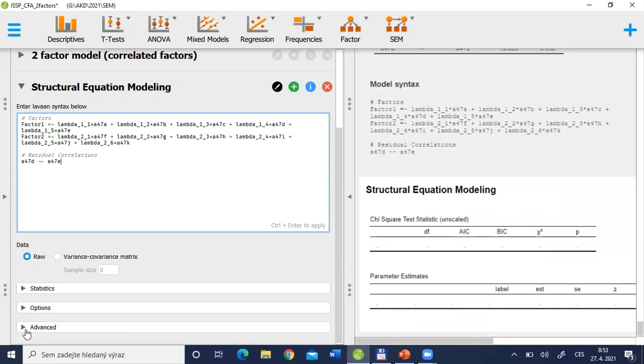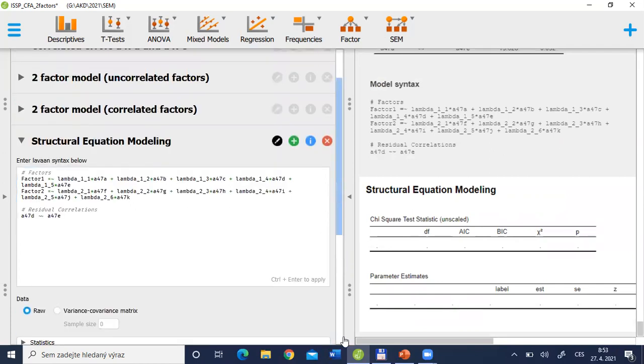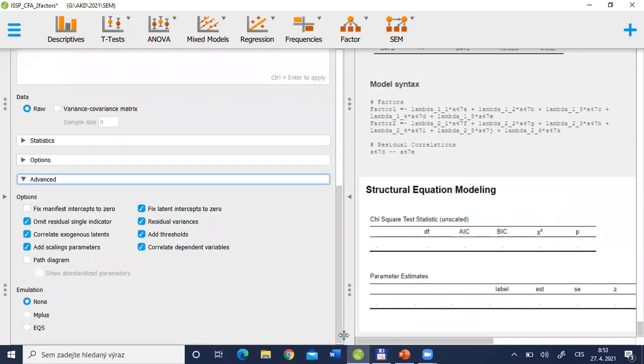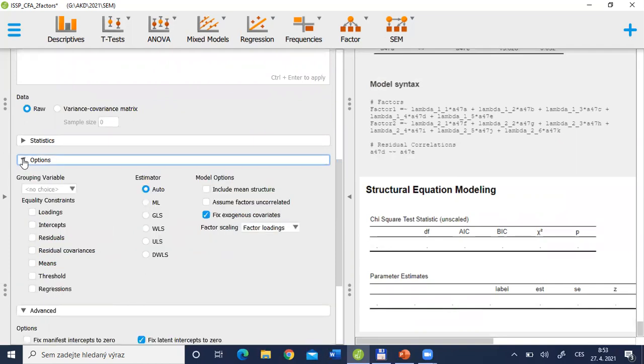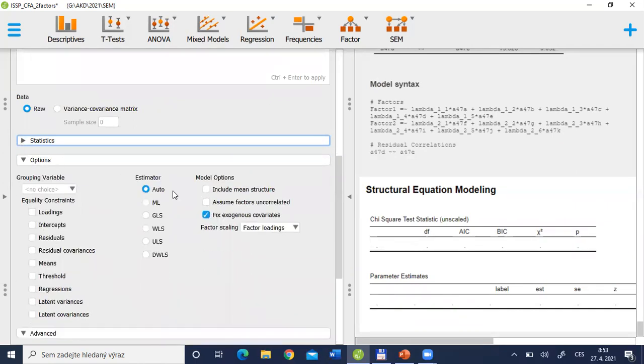And if I go down here, I guess it is in advanced. So for options, statistics. Here it is, residual covariances observed fitted. That's not the output, so I'm not able to find this output I would like to see.